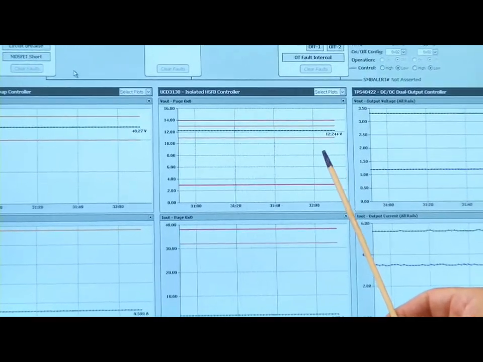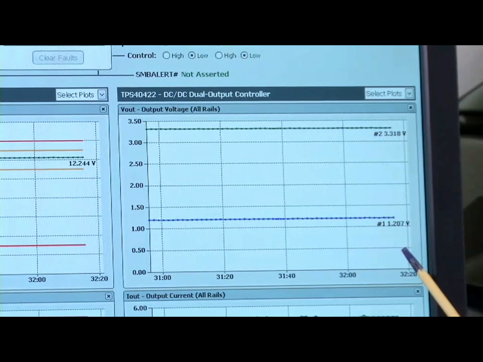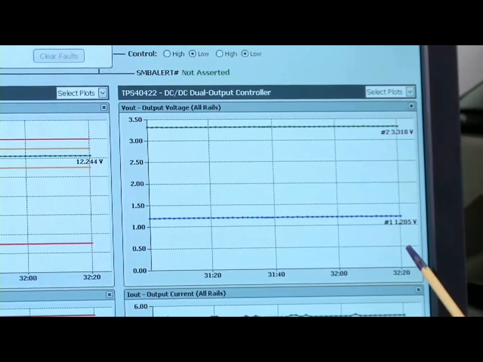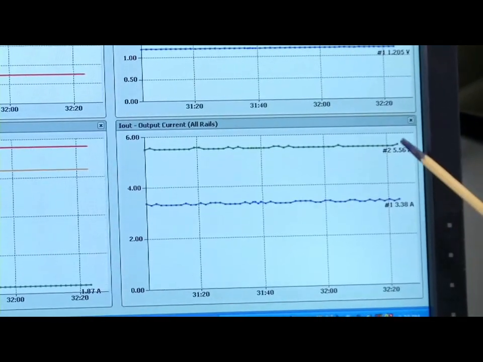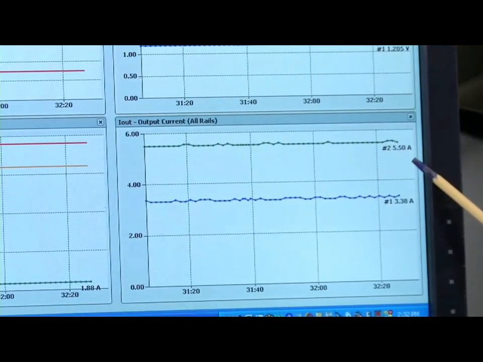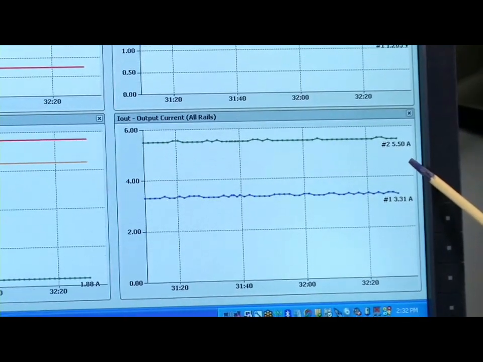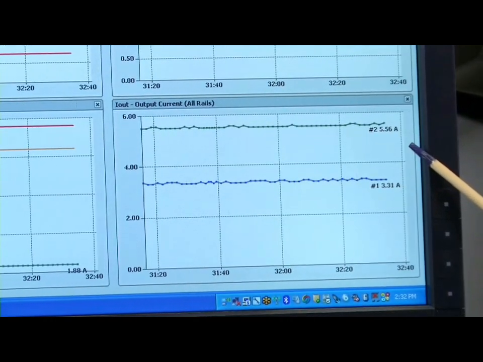In the middle, we're displaying the 12-volt intermediate bus. And on the right, we're displaying the 2 output voltages, one being 3.3 volts and the other 1.2 volts. Down below on the right, we are showing that there are 2 loads connected to those 2 output voltages. They are both static loads, one at 5.5 amps and the other at 3.3 amps.